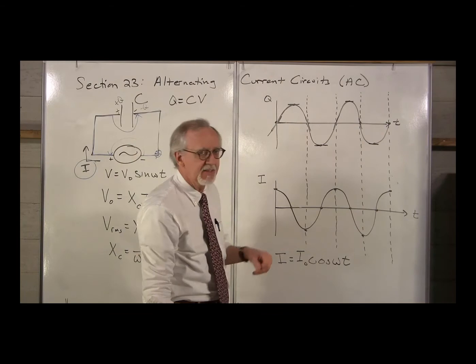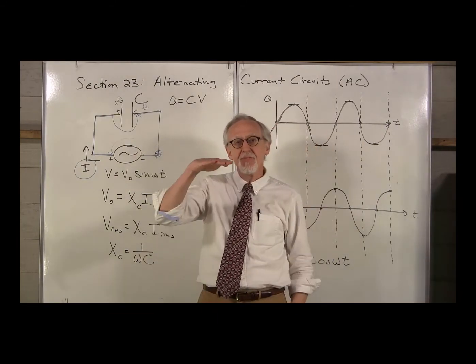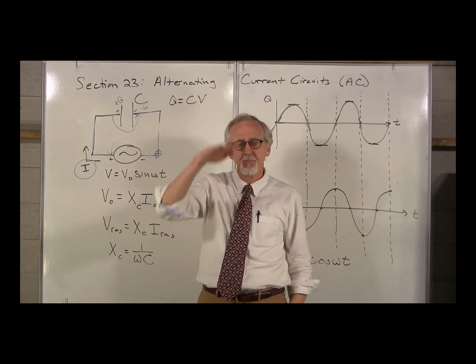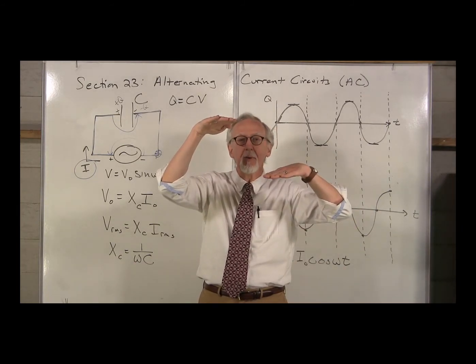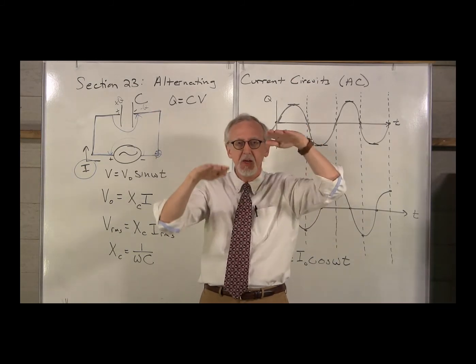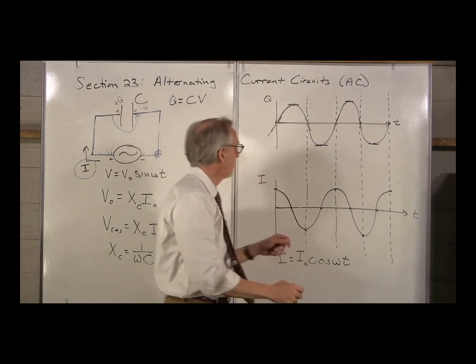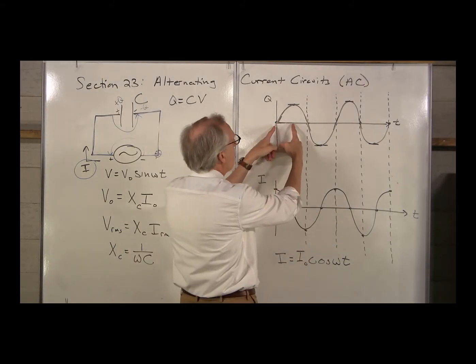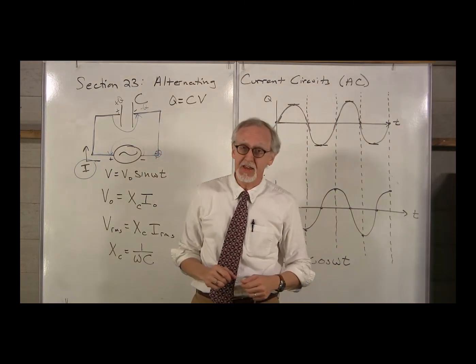So in this case, if this is the voltage and the voltage is going up and down, again the current is going up and down, but the current is up before the voltage is up, so that the current leads the voltage. It's always ahead of the voltage by how much? By a quarter of the entire oscillation, a quarter of a phase.